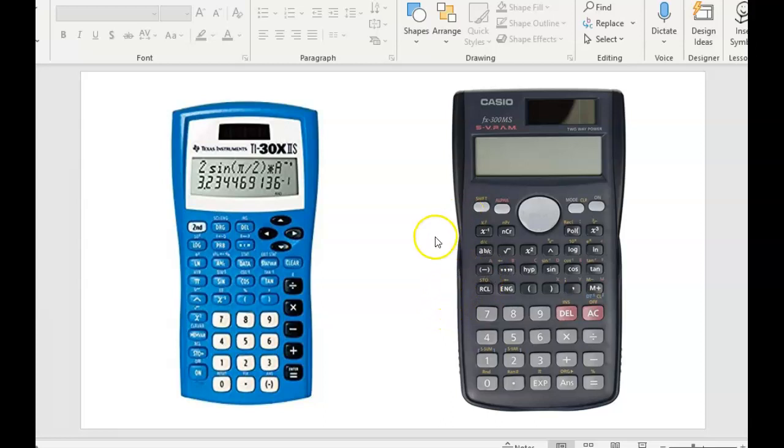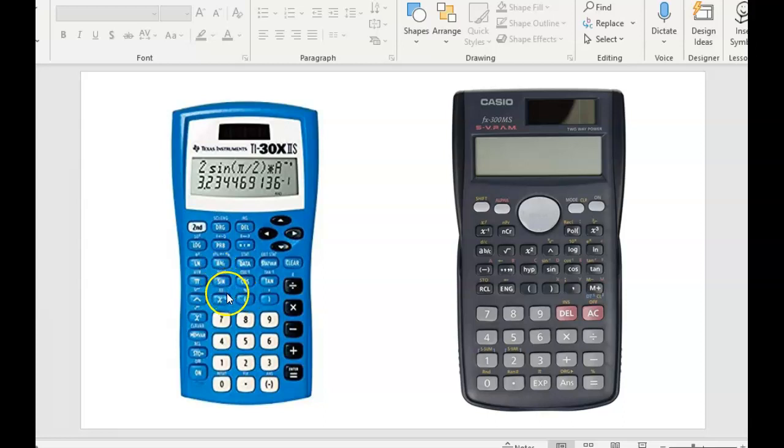So let me get started here. I've got two examples of very popular scientific calculators. When it comes to putting things into scientific notation, there are a few very important keys. On this Texas Instrument, you should find a key, and this is not a great picture, that looks like a double E key written right above one of these keys.